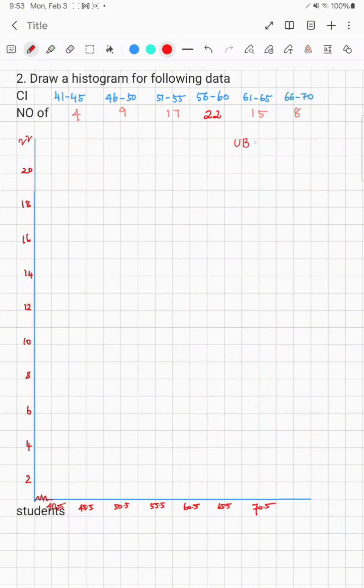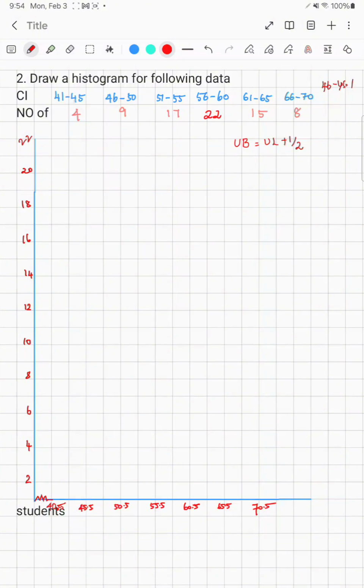Okay, so our upper boundary formula is, I'll write here, upper limit plus half, because between 45 and 46 the gap is 1. 46 minus 45 is 1, so half of that is 1 by 2.